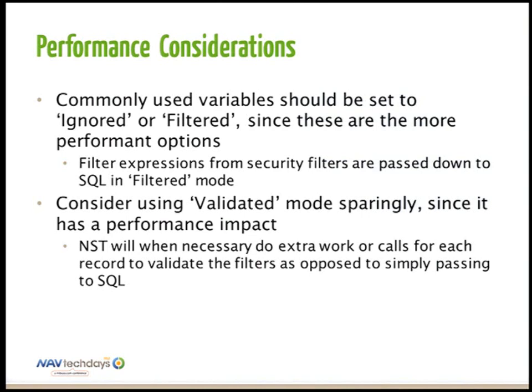Or the ignored, if that's a possibility, then there will be absolutely no filter at all. If you're validated, we have put some optimizations in place, and we will check if you hit records outside of your filter, so that even if you run validated, we for some cases can do it in a performant way with just an extra exist call to the SQL server to check if you're within or outside of your filter.